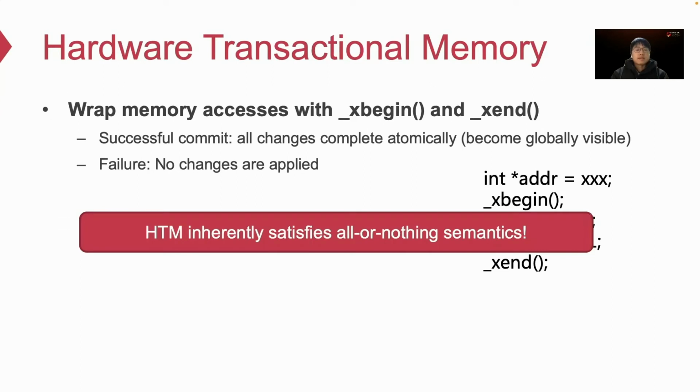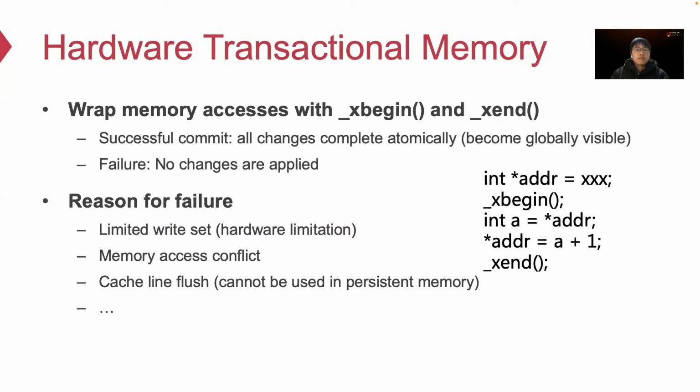It seems like HTM inherently satisfies all-or-nothing semantics. However, PM file systems are naturally incompatible with RTM. Although persistent memory can be accessed directly by CPU load or store instructions, PM writes need to be persisted with the help of cache line flush instructions, such as clflushopt and clwb, which will abort the RTM.